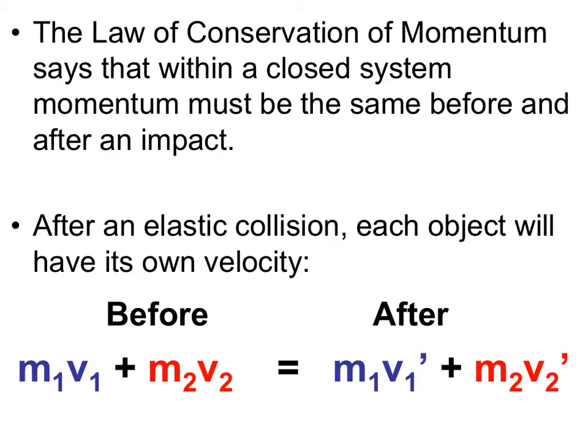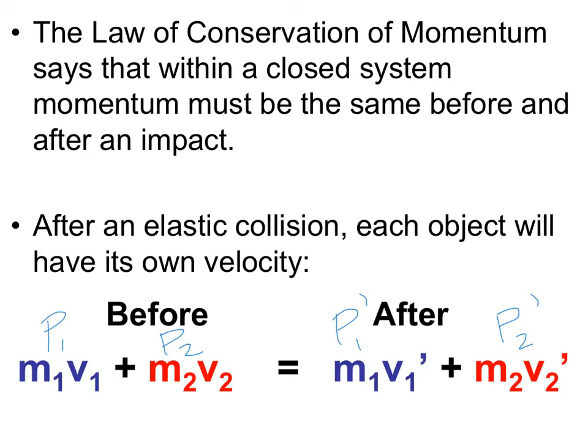So we can say before the collision that the mass of the first object times its velocity plus the mass of the second object times its velocity. So in other words, the momentum of the first object plus the momentum of the second object is equal to the momentum of the first object after plus the momentum of the second object after.